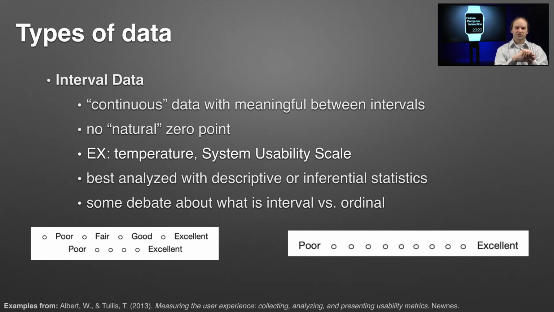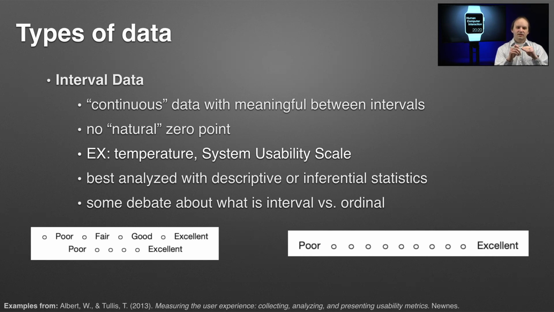So you can see where the debate comes in between interval data and categorical data that has an ordering but no interval, because how many of these little spaces do you need before it's continuous? And that's a thing that people go back and forth on.